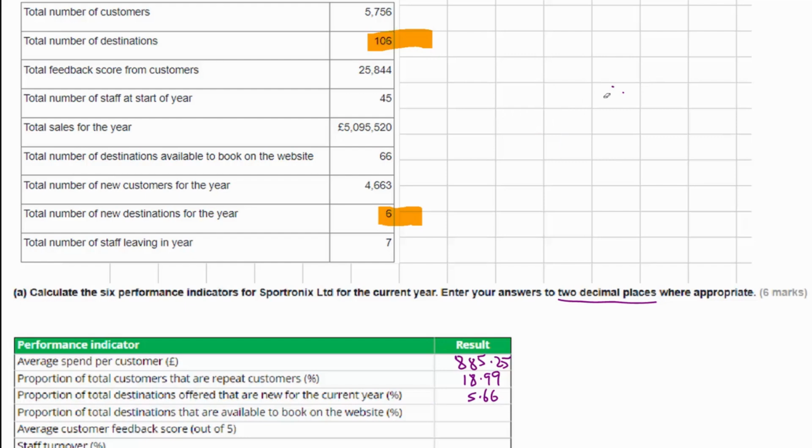The next performance measure we're asked about are the proportion of total destinations that are available to book on the website. So the table tells us that we can book 66 destinations on the website out of 106. So 66 divided by 106 gives us 62.264%. Again, we want to round to 2 decimal places, so that's going to give us 62.26%.